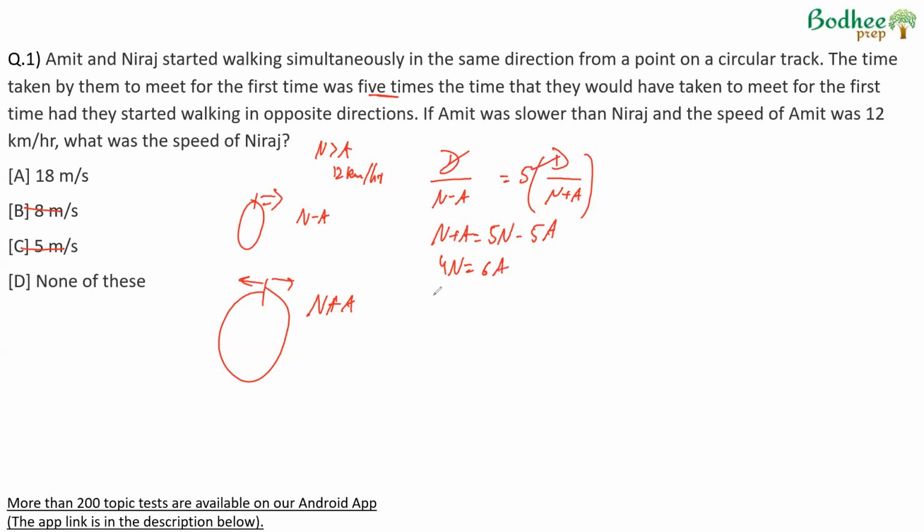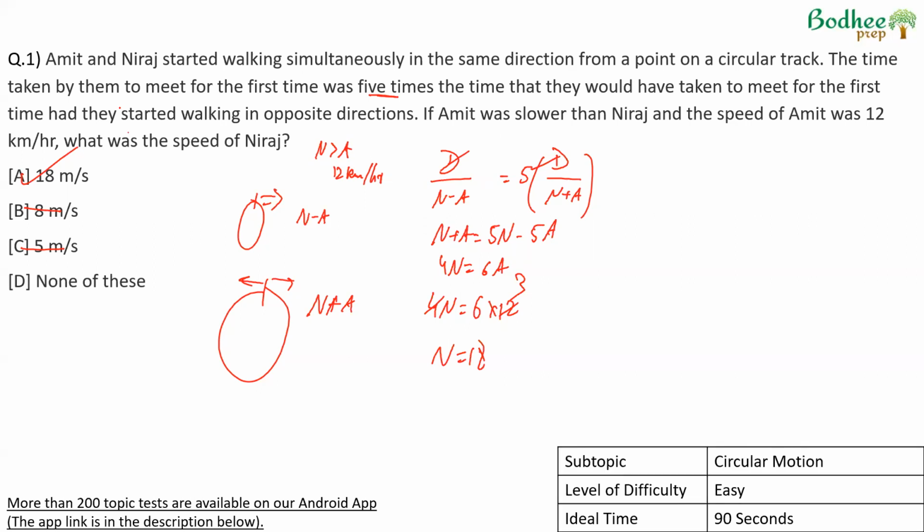The value of a is given as 12. So 4n is equal to 6 into 12. 4 3s are 12, n is 18. When they're moving in the same direction, the relative speed will be 18 minus 12, 6. When they're moving in the opposite direction, relative speed will be 18 plus 12, 30. Therefore, 5:1 ratio.